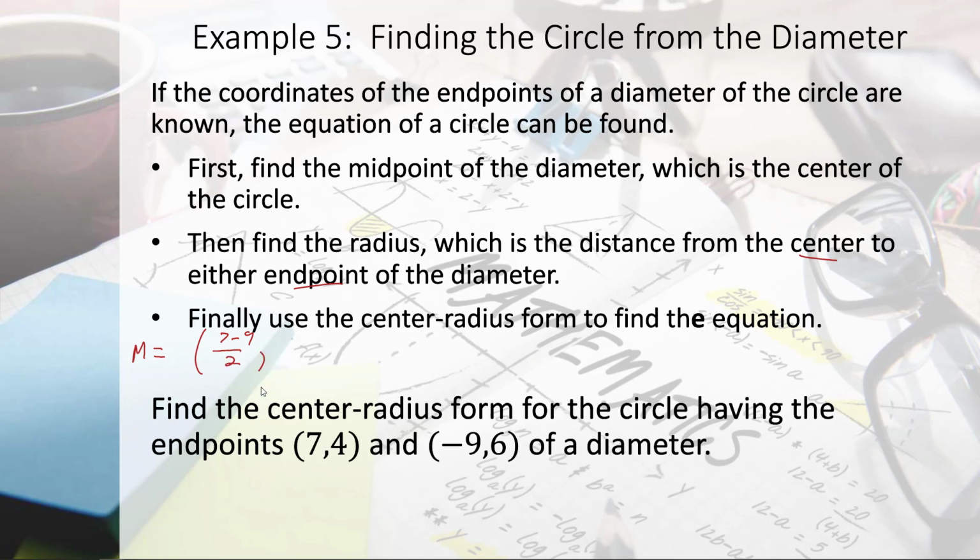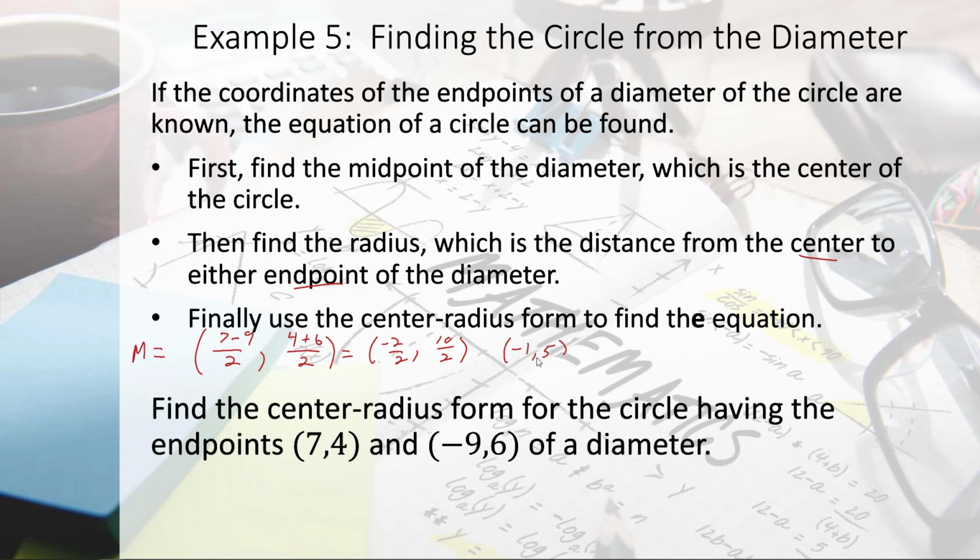That's the x coordinate, and the y coordinate is the average of the endpoints for the y coordinate. That will be (4 + 6) over 2. That will be -2 over 2, comma, 10 over 2. And that point will be (-1, 5).